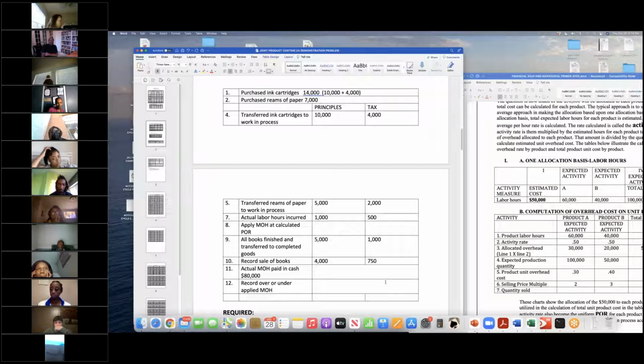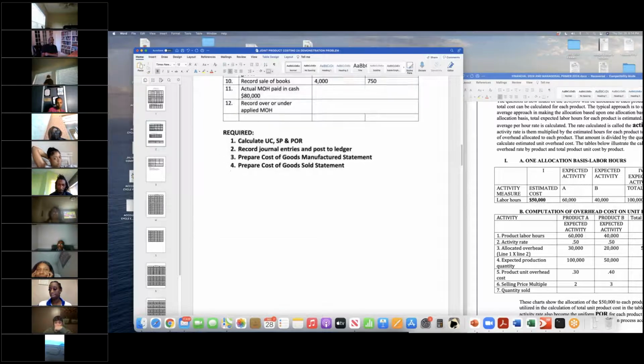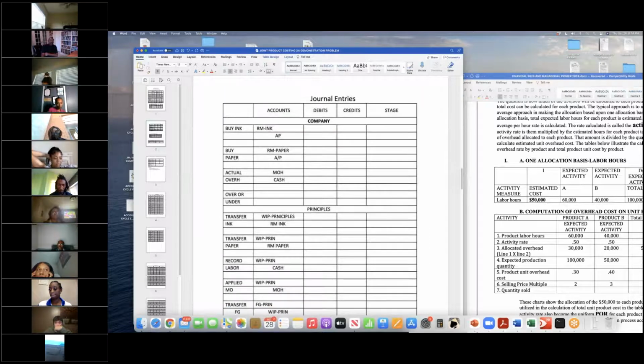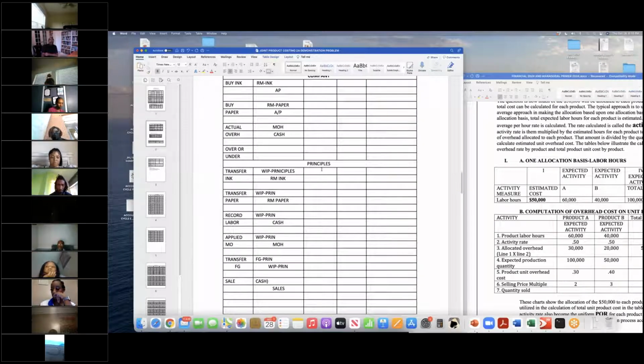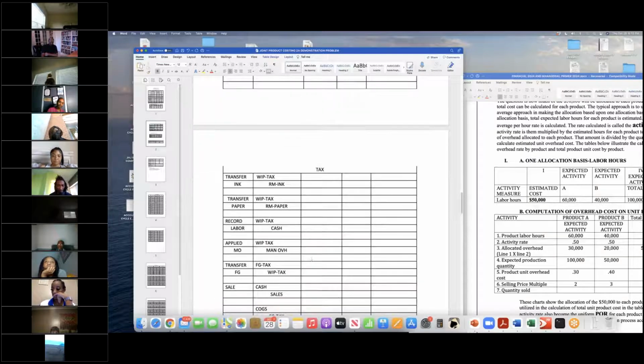So now we have to make journal entries and posting. As we look at our journal, we have a company journal where we're buying our raw materials and recording our overhead and over and under. We do that at the company level. Then principal is going to have its set of books because it has to keep track of all this separate from tax.